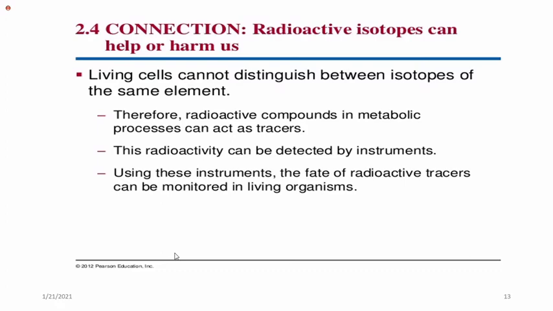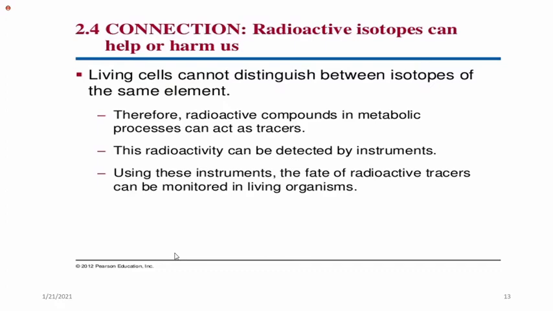Helpful in the sense that they are utilized for diagnostic and therapeutic purposes. And harmful, because prolonged use of these, or when we come across the radiations, they will, in the long term, have adverse effects on life.